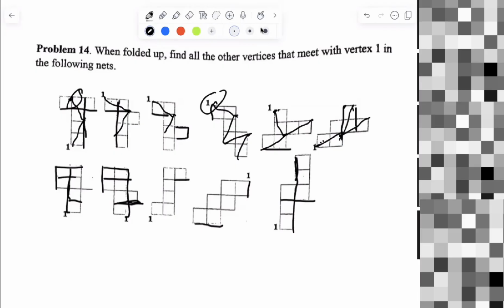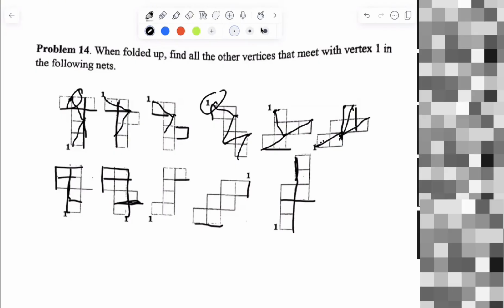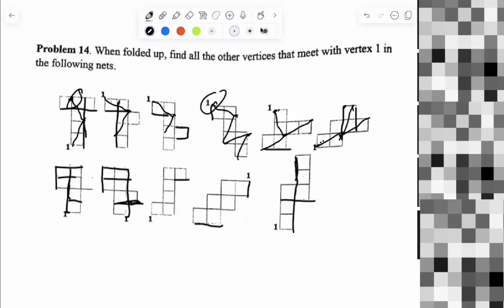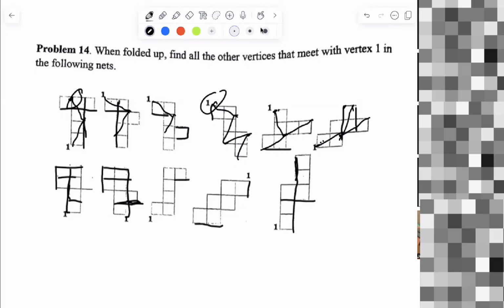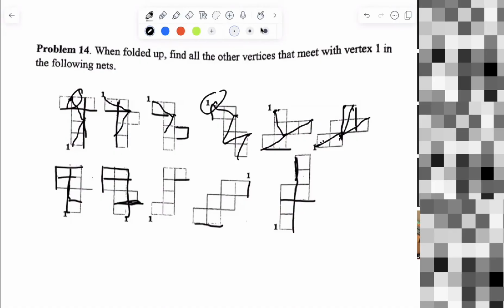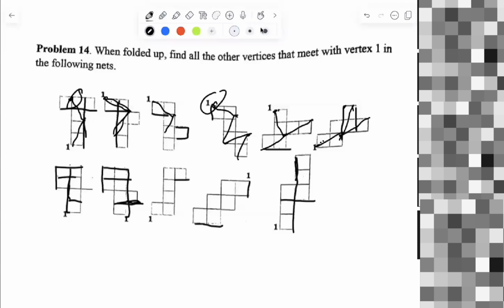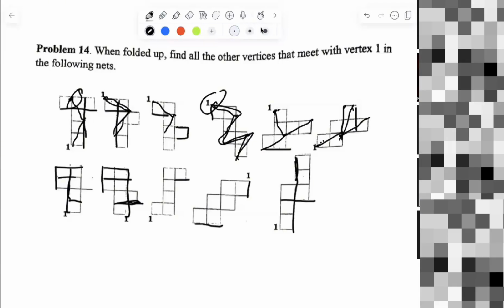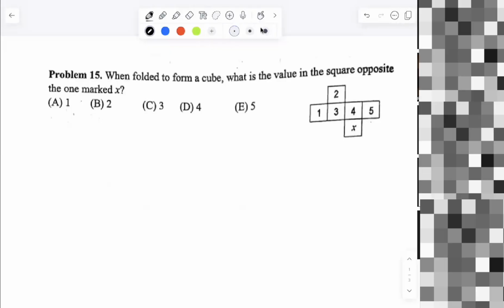And you get the idea for the rest of the ones. So basically, to find all the vertices that meet up with vertex 1, we just draw the 1 by 2 diagonals and then connect them so that most of them are connected into a path. Like for example, this is a path, or this is a path also. Now let's move on to problem 15.